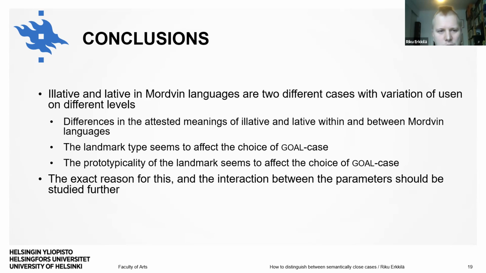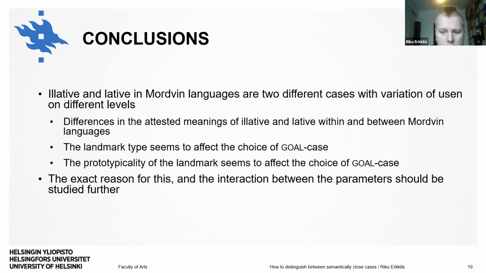good conclusions about it. So meaning probably affects the choice of goal case, but I can't really prove that right now. However, a landmark type definitely affects the choice of goal case. As we saw, three-dimensional objects take more lative, and abstract nouns and temporal nouns always take illative.